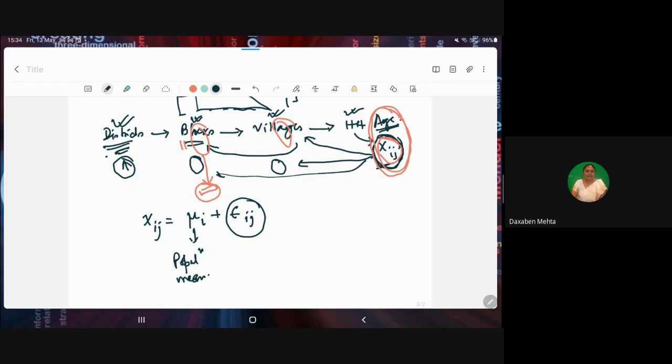Now suppose you consider this population mean, from where the age data is collected, the mean of those observations. How is this population mean related with the overall mean? It is the overall mean, you may call it mu, plus some treatment effect.